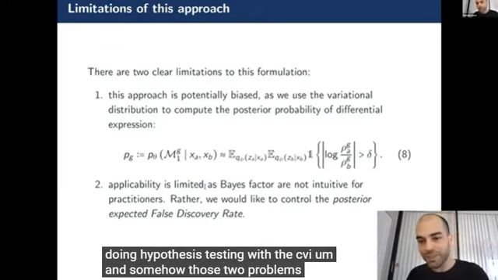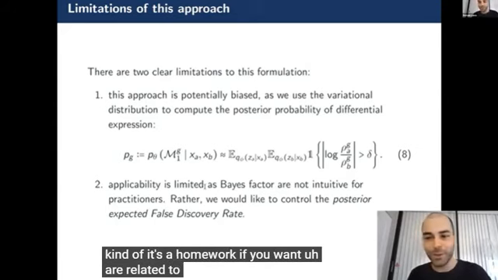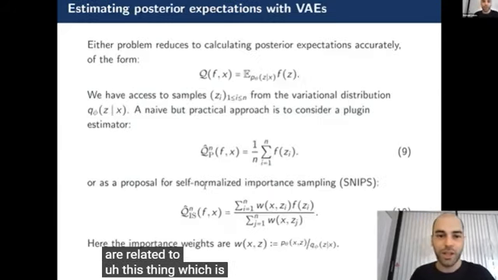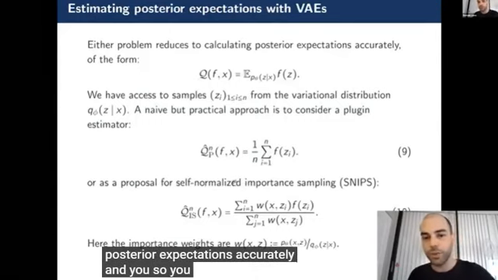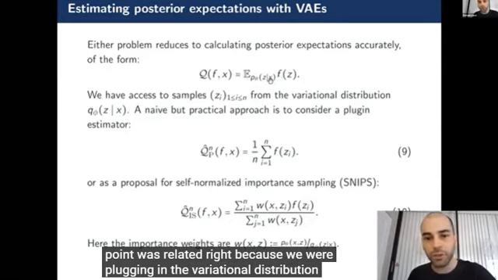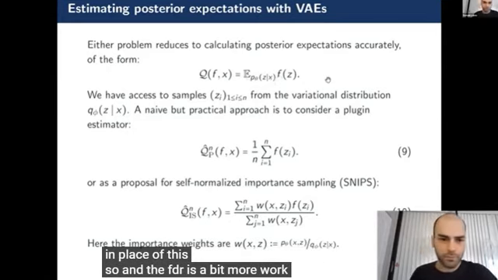Somehow those two problems are related to calculating posterior expectations accurately. You can see why the first point was related, right? Because we were plugging in the variational distribution in place of this. And the FDR is a bit more work.